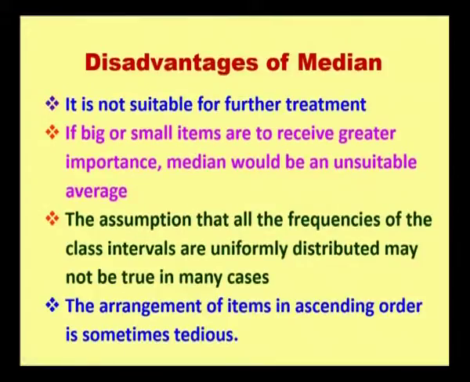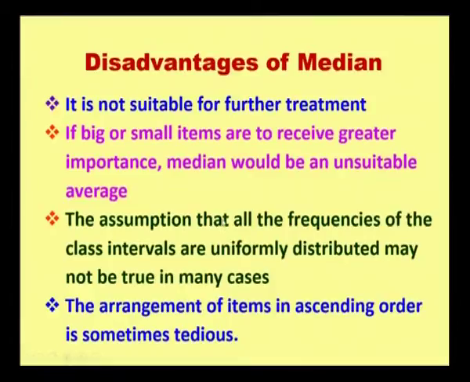And what are the disadvantages? It is not suitable for further treatment, as in the case of mode, we cannot use it for further analysis. If big or small items are to receive greater importance, the median would be an unsuitable average.